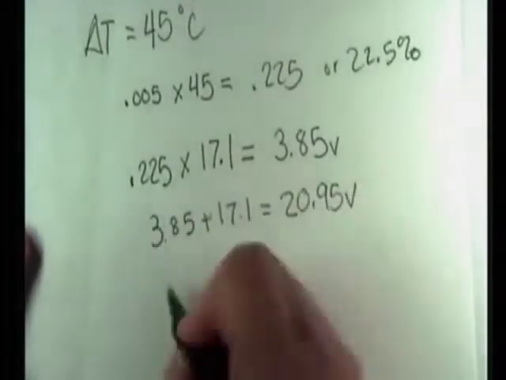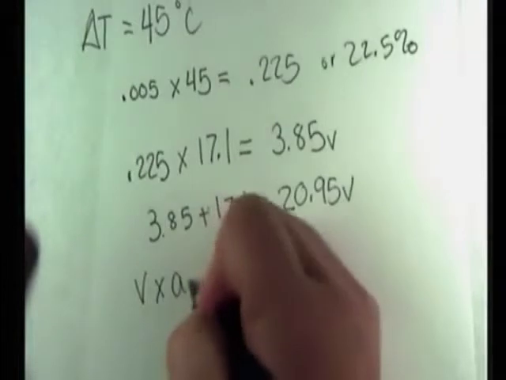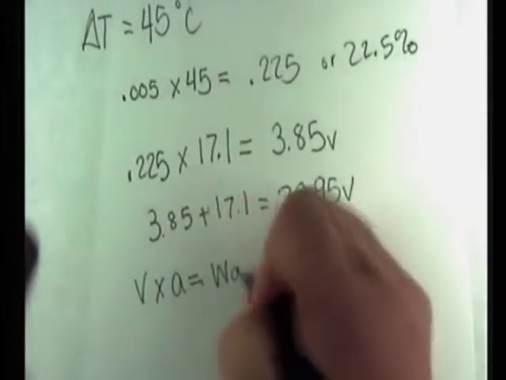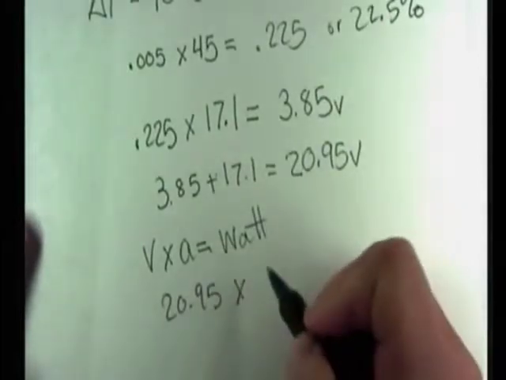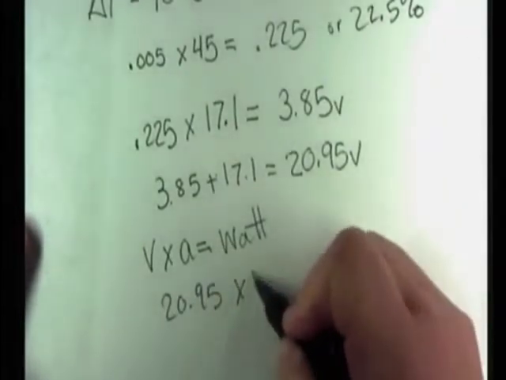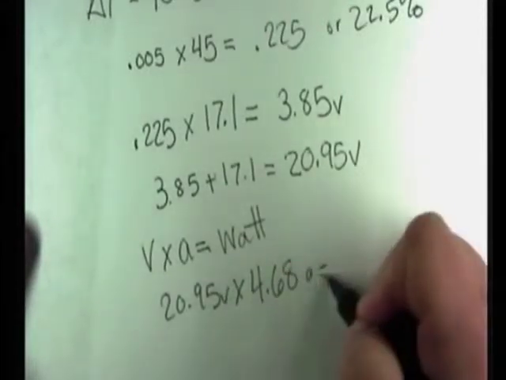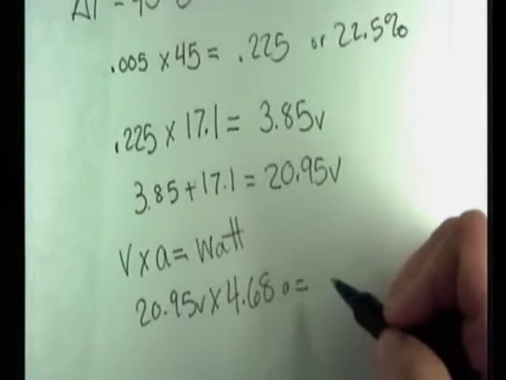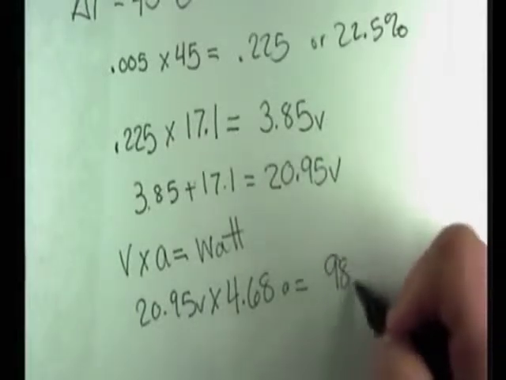So then we put that into our original volts times amps equals watts. So we now have 20.95 multiplied by that original number, which was 4.68 amps. That's going to give us, anybody want to tell me? 98.1.